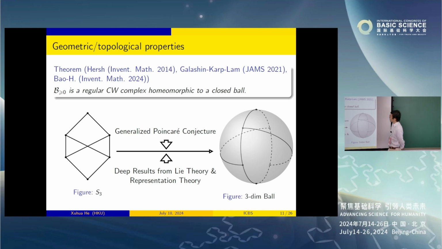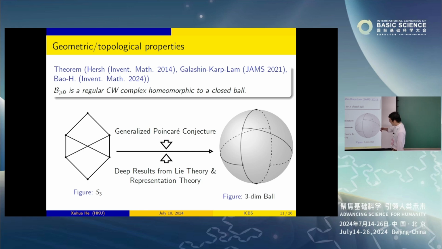I have to say that our approach is quite different from Galashin, Karp, and Lam. Later, I'm going to tell you a bit more about our approach, and I think there is something interesting there, not only the final result, but also the approach.